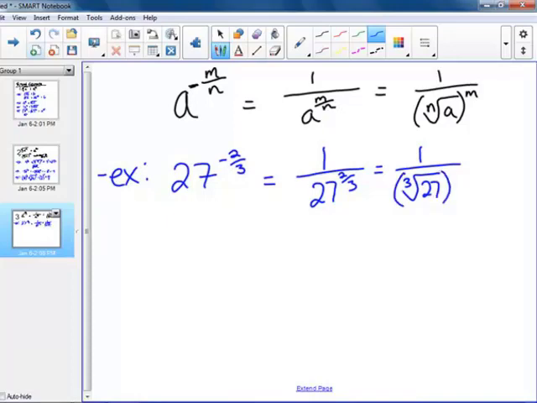And then after I do that, I'm going to square it. So this is 1 over the cube root of 27, which is 3. 3 squared is 9. So 1/9. So basically the only difference when we have a negative exponent, rewrite it in the denominator first.